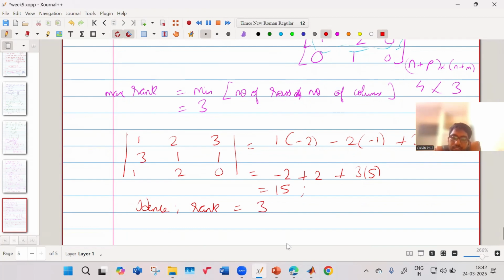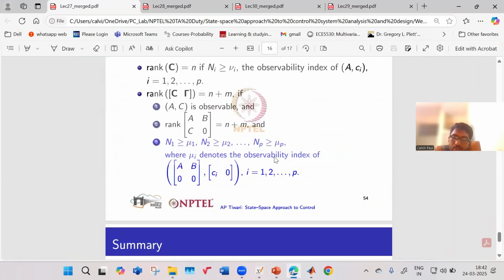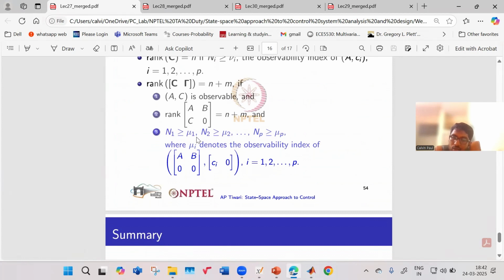Now let us consider this condition. We have to find the observability index by checking this, where N1 is greater than or equal to N2. We have to find the observability index of this. How much can we observe? So let us do that.